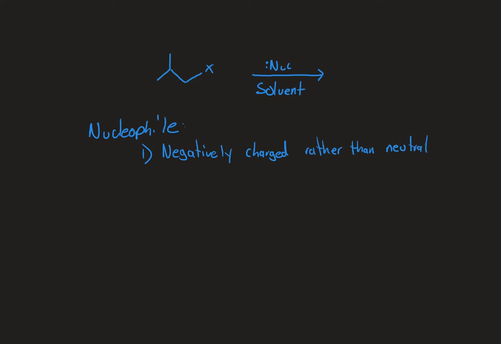And so this would mean that something like OH minus is a better nucleophile than water. Both of those could act as nucleophiles. They both have lone pairs. They both can donate those in a Lewis-base fashion. But OH minus is negatively charged, and so it's going to be a better nucleophile.